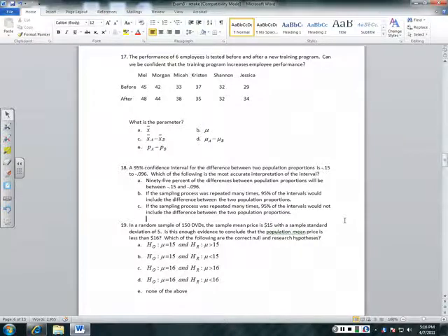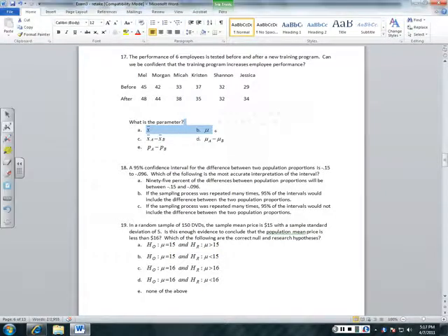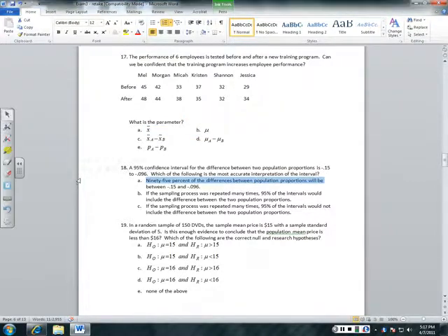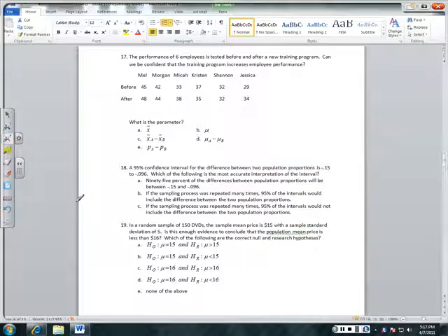Okay, so we've got a before and after thing there. It's matched pairs. The parameter is mu.